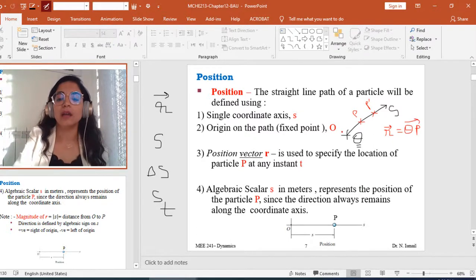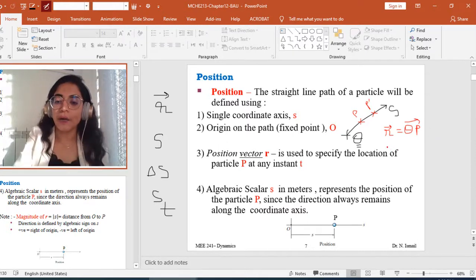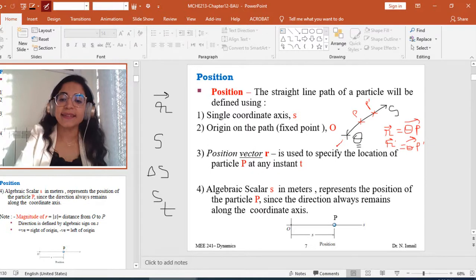It should be OP prime. Now what if at an instant t double prime, the particle is now at this point P double prime?